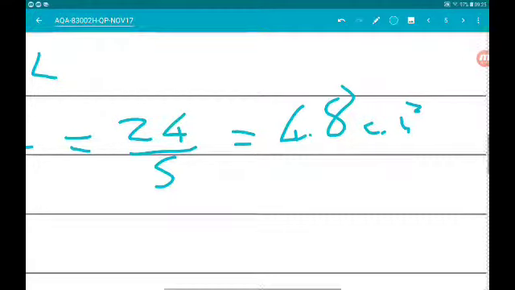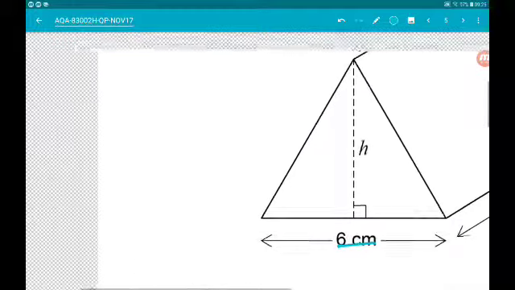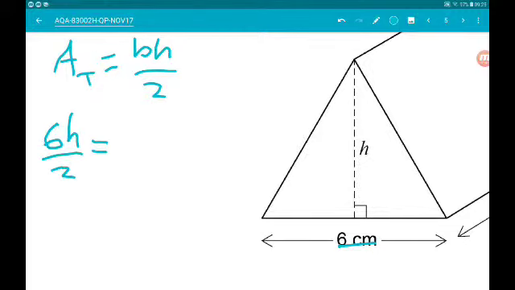So that's given us the area of the triangle. Now the area of a triangle is base times height over 2. Now we know the base is 6, so 6h over 2 is equal to 4.8.